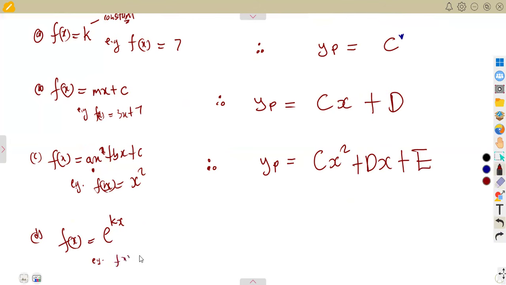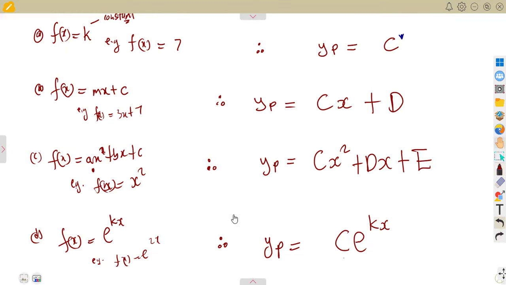F of x is equal to e to the exponent of 2x. It's an exponential. Whenever we see an exponential, the particular integral is going to be given as c e to the exponent of kx. That is what you're going to have there. So meaning to say we're just considering to have a c.